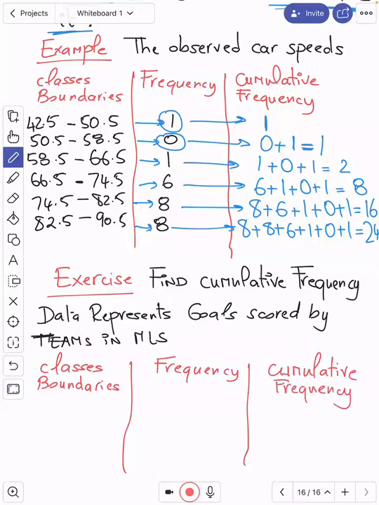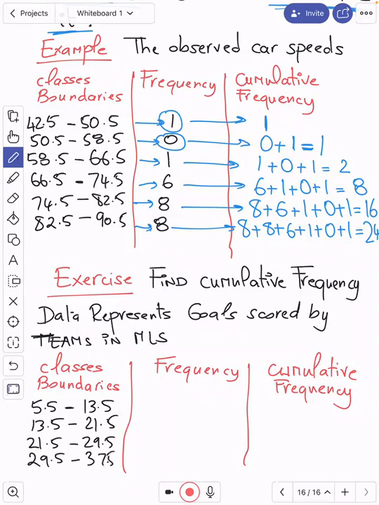The boundaries for this example, I think we had 4 classes: 5.5 to 13.5, 13.5 to 21.5, 21.5 to 29.5, and 29.5 to 37.5.